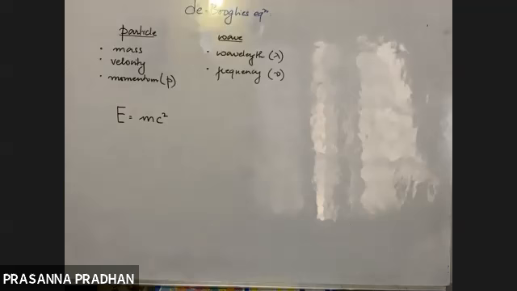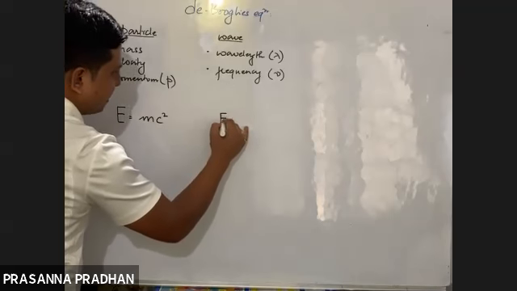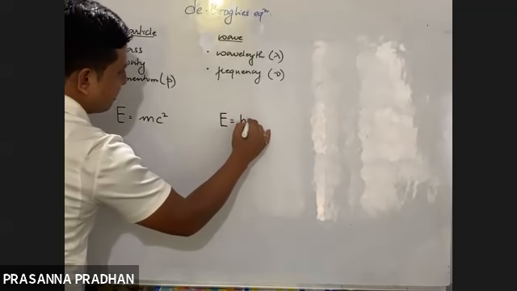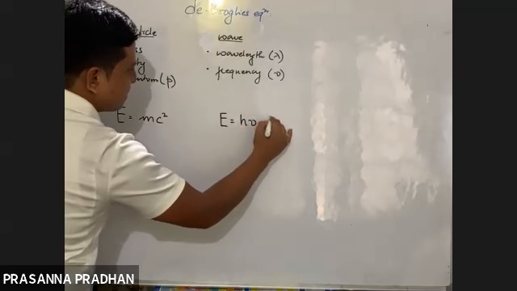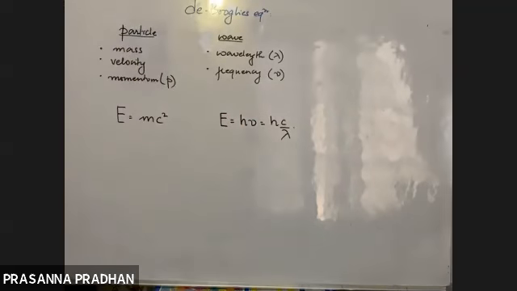Now, what is this m? Mass. What is c? Velocity. c is your velocity. And we also know from Planck's equation, E is equal to h mu, or E is equal to hc by lambda.